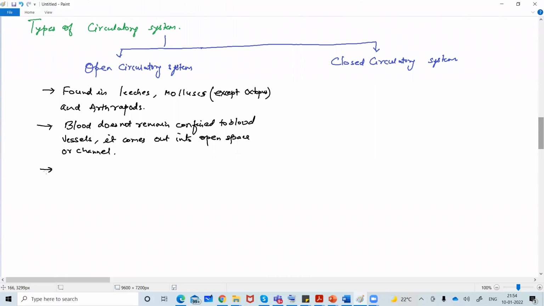Then you can talk about the open space. When we say open space, an example is a sinus, sinuses, and an example of channel is lacunae.